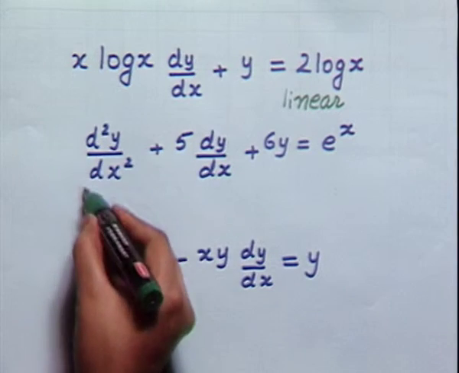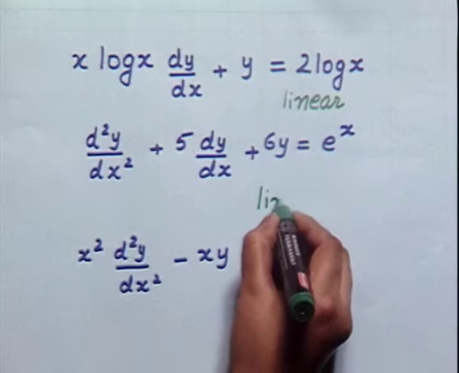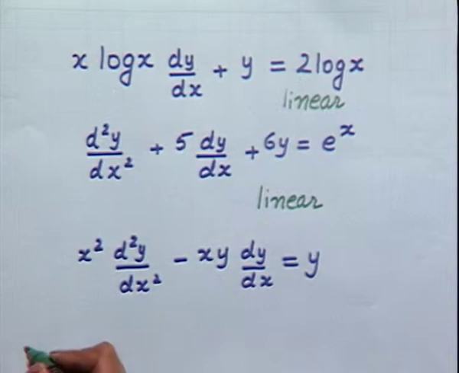It is not that if you have a second order derivative, then the equation does not come in the category of being linear. It should not have a power. So, you can have second order, but it will always be the first degree, which will have the characteristic of being identified as linear. And so, the second equation also is a linear equation.